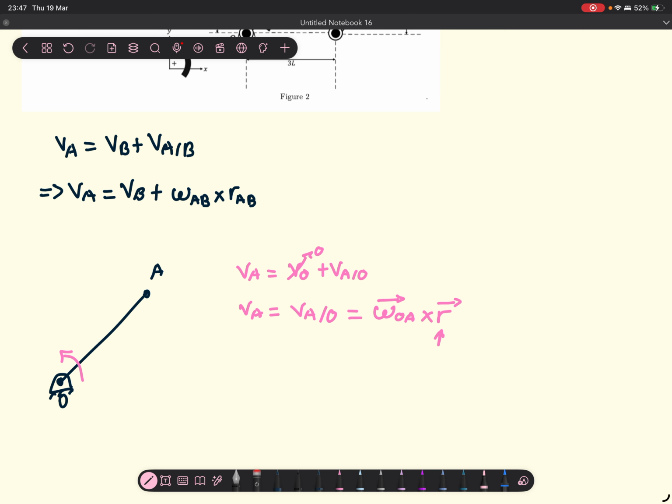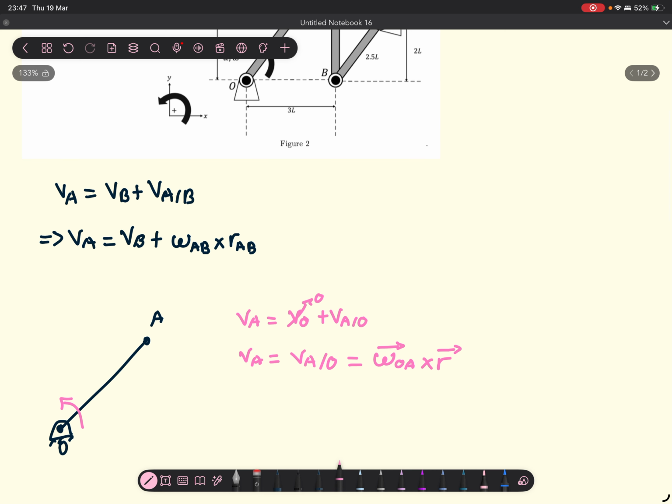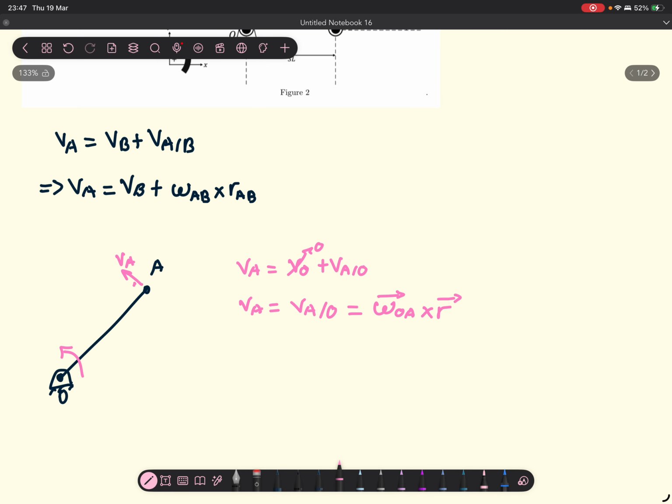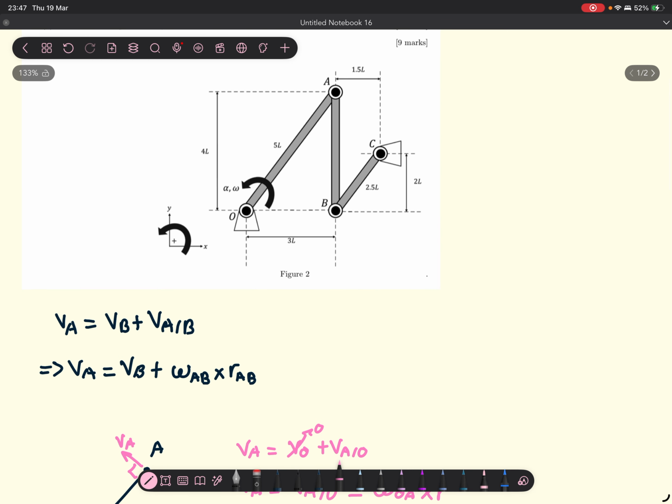But if you can't, don't worry about it too much. Just know that your vector will be perpendicular to R itself, right? And R is this line, the distance of this line OA, and our vector will be something like that, VA, and it's going to be perpendicular to this line. Cool.